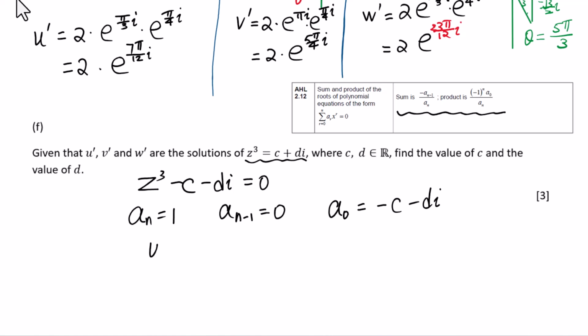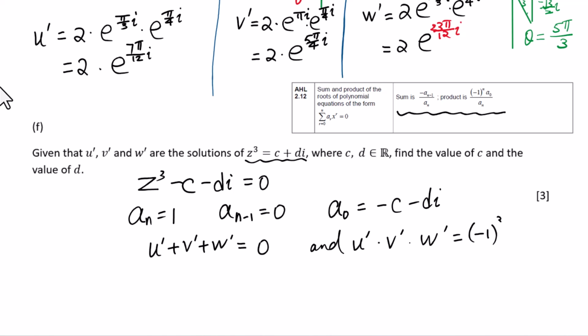So we get u prime plus v prime plus w prime equals 0. And u prime times v prime times w prime equals negative 1 to the third power times negative c minus di over 1. Simplify: c plus di.